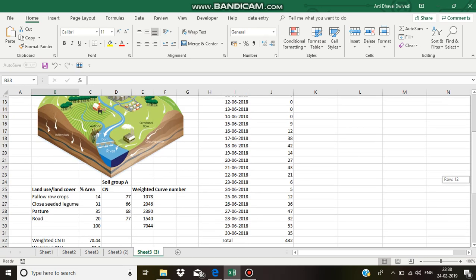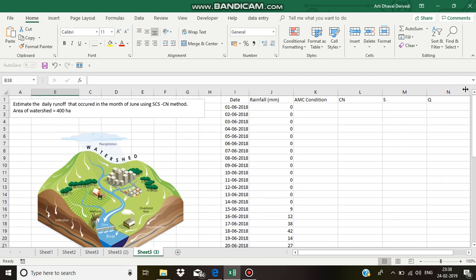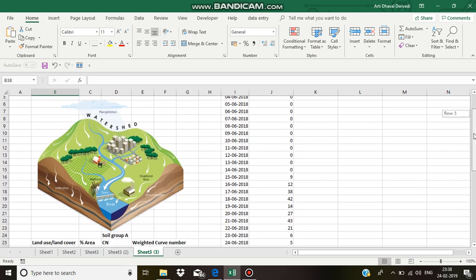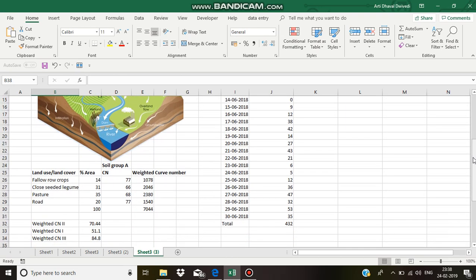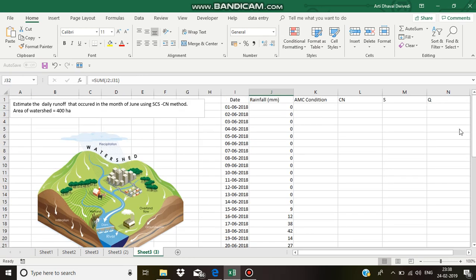Now the daily runoff depth and volume is to be obtained. This is the rainfall data for the month of June. The total rainfall that occurred in the month of June was 402 millimeters.